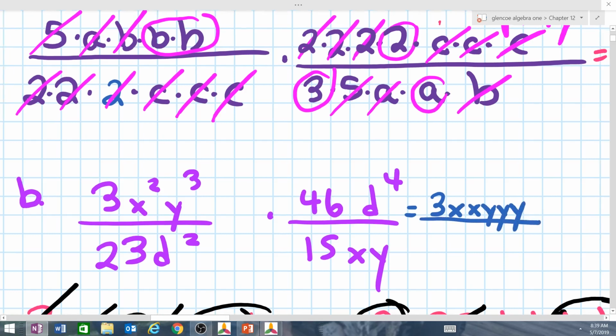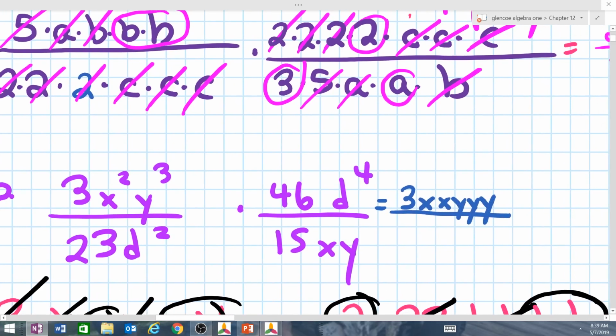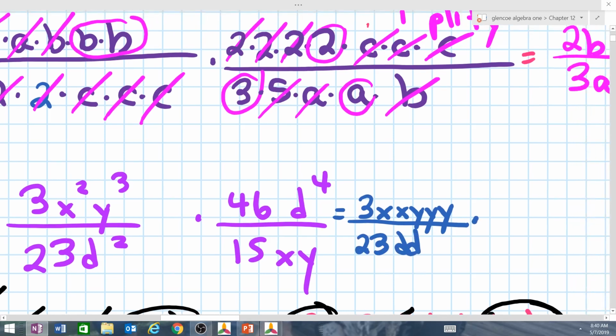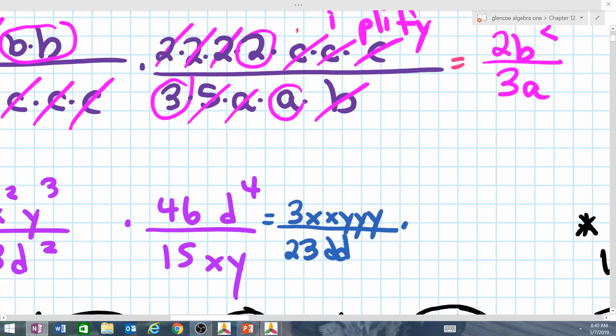Who can prime factor the bottom for me? 23d squared. That's an easy one. 23 is a prime number. Go. 23 times d times d. You got it. Who can prime factor 46d to the 4th for me? Go. Nice. And 15xy would be what? Yes.